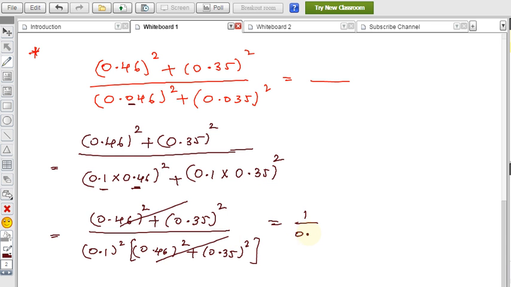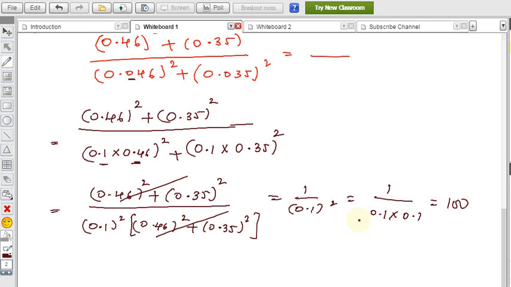Then 1 by 0.1 whole square, that is 1 by 0.1 into 0.1, that is 100. Because after the point there is 1 digit and 1 digit, total 2 digits in the denominator, so we can write 100. Or else this is 1 by 0.01, and 0.1 into 0.1 is 0.01, so 1 by 0.01 is 100.